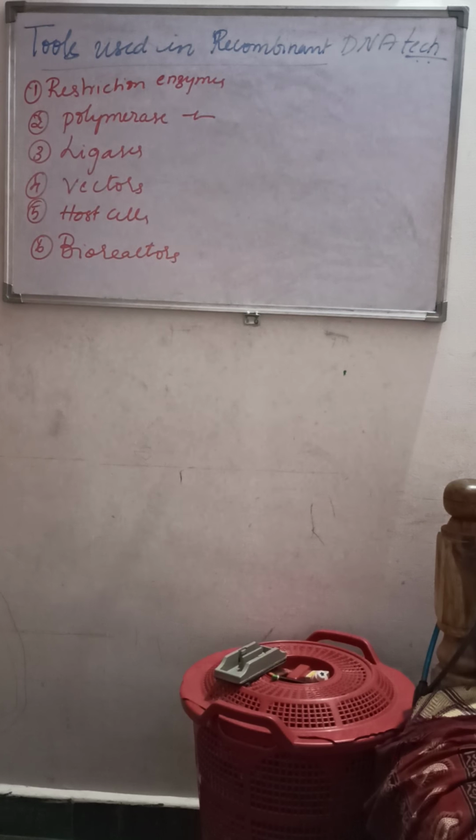Now let us understand each of these one by one. What is a restriction enzyme? It is a very important tool for recombinant DNA technology. While reading this in your textbook, please refer to page number 196, figure 11.1 for the restriction enzyme.